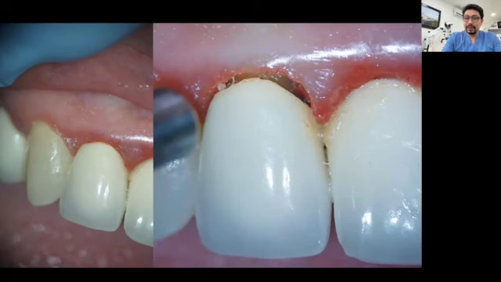So the reason for the complaint of the patient is not related to endo. It's related to a periodontal disease that is being provoked by the crowns and by the excess of cement that is still in between. So what to do?